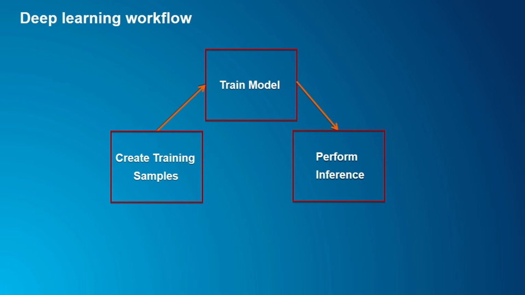And then I think the most important part is to train the model. Data scientists will use different structures to feed the data into their model to train a good model. After a model is well trained and you are satisfied with the accuracy, we can put the model into production mode. We perform inference with newer images.